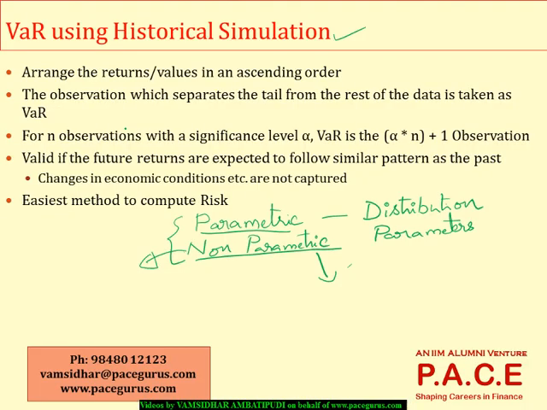So in this, if there are n observations, how am I computing the VAR in the historical simulation approach? The observation which separates the tail from the rest of the data. So for n observations with a significance level of alpha, the VAR is alpha into n plus 1 observation.